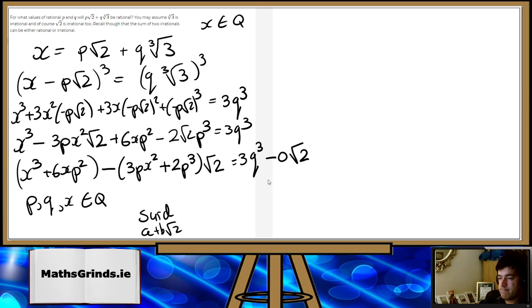And this is not a surd, it's rational, so I just put in a 0 root 2 here, just to make it clear that what I'm about to say is that this piece here should be 0. 3px squared plus 2p cubed should equal 0.